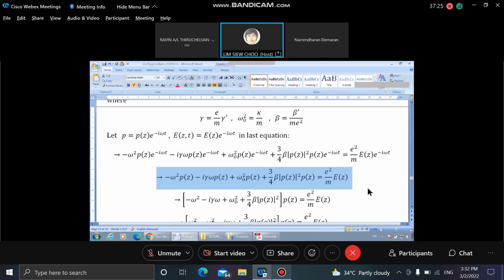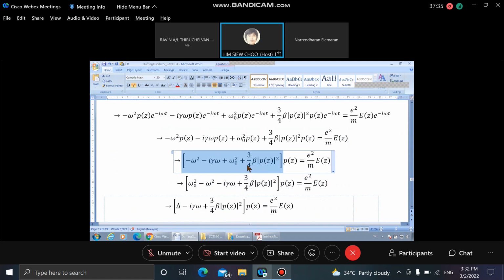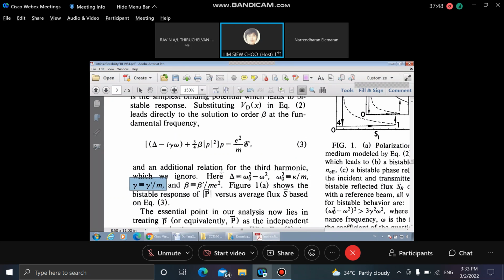And then there is p over all these terms. You factor out the p. So when you factor out the p, you see something like this. So this term and this term, you can rearrange to omega naught square minus omega square. So according to the paper, this term is this.